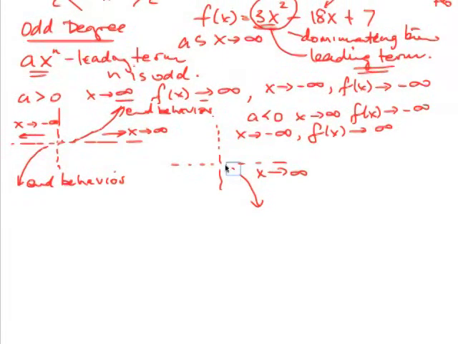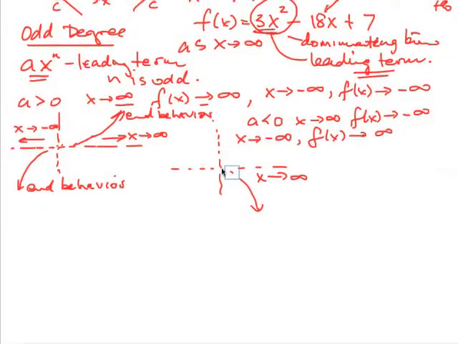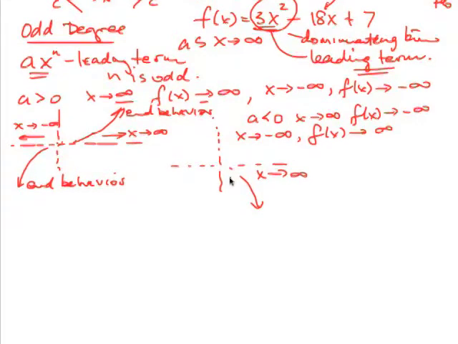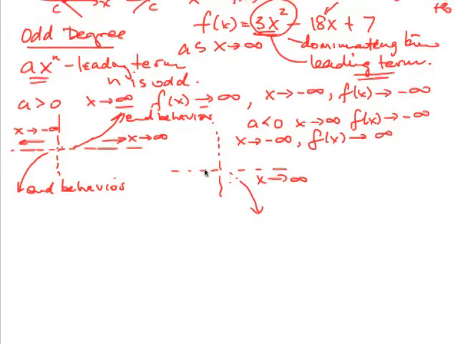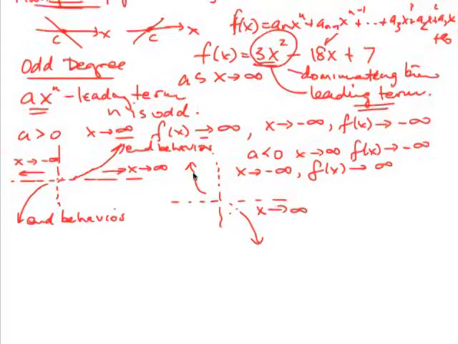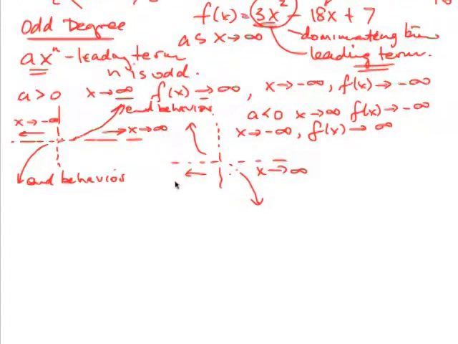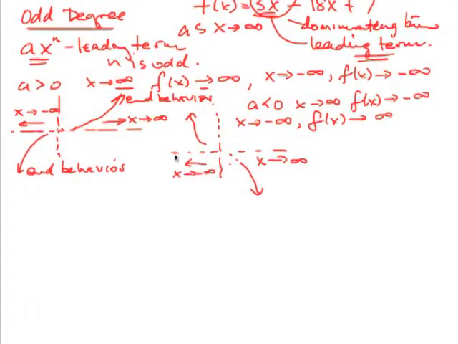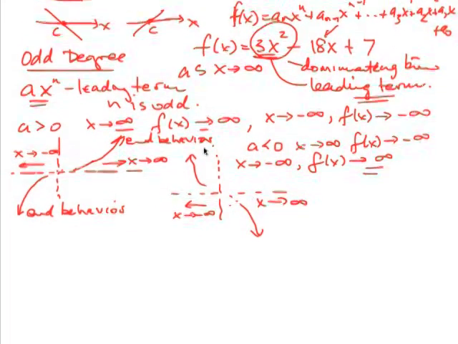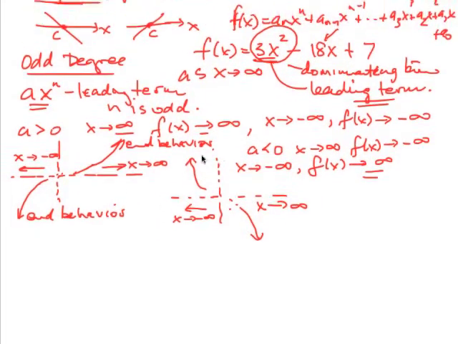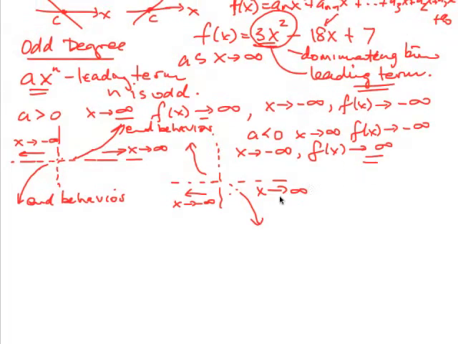Now it comes up. We don't know what it actually does in here, but then as x approaches negative infinity, going this direction, this is getting large positive. And so here's our end behavior here and here for this particular scenario.